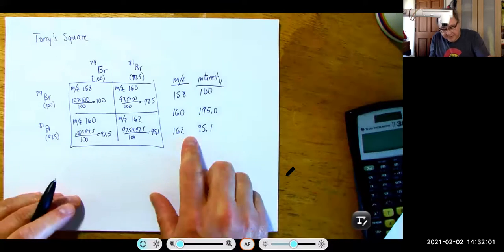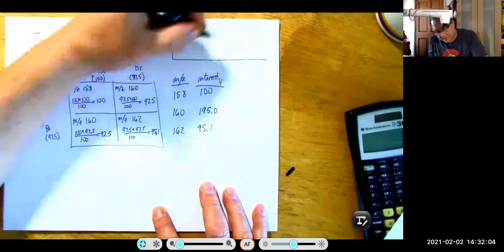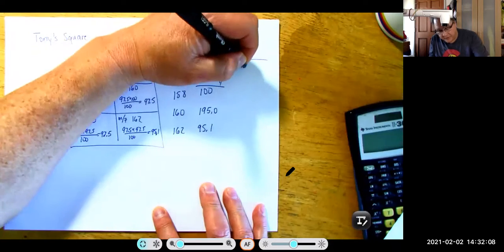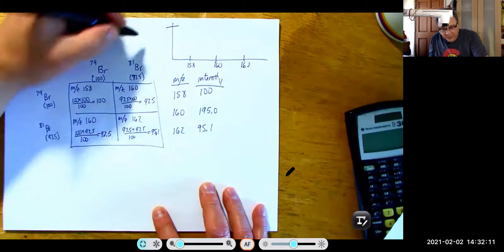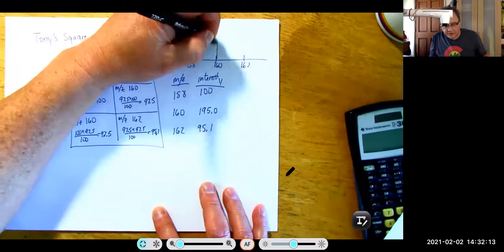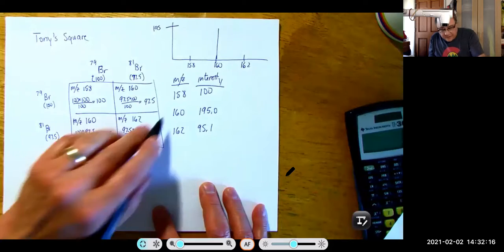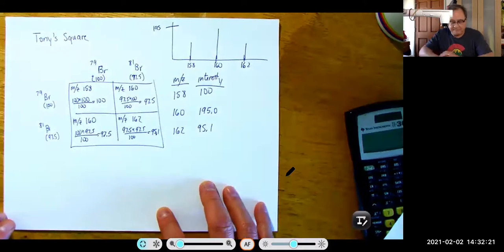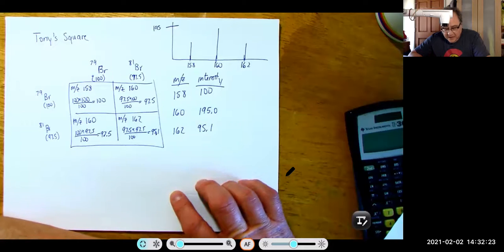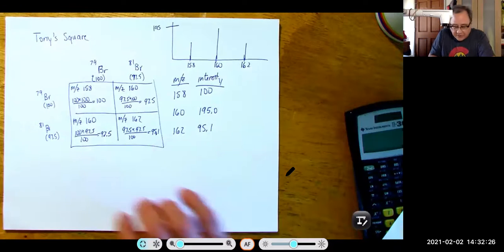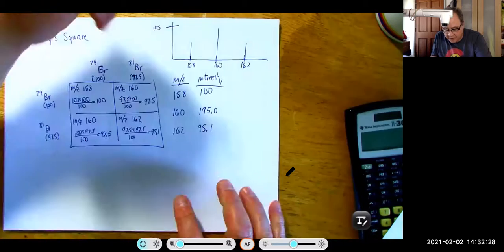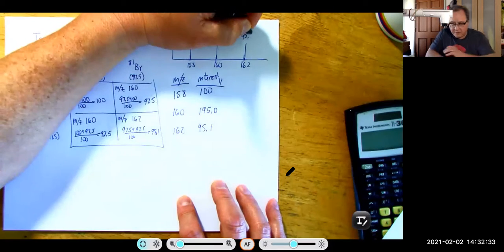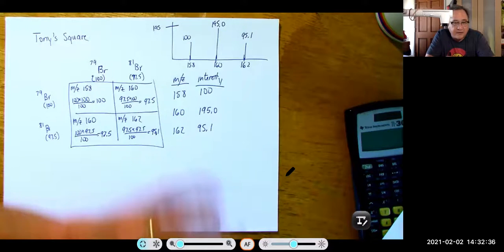So if we were to plot this, 158, 160, and 162, there's your 160 at 195, there's your 100, and there's your 95.1. Now, how do we make this look like the mass spectrum generator? Right now, this is 100, this is 195.0, and this is 95.1. How do we make it look like that peaks at 100?